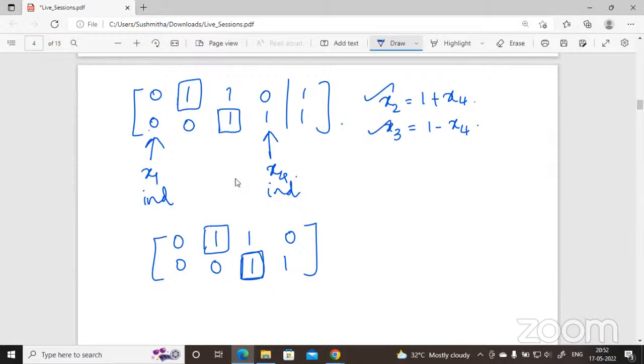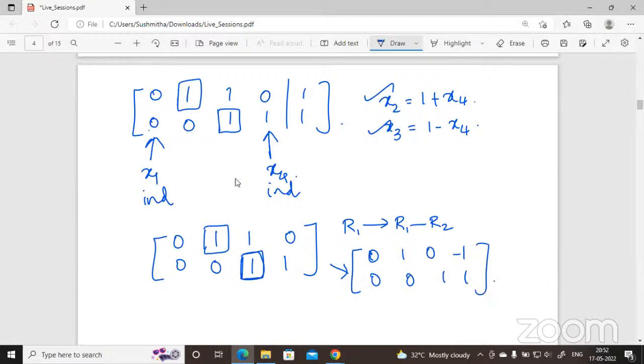So now you want to make this entry 0. To make this entry 0, what can you do? R1 minus R2. Actually, we subtract the bottom row from the first one. That's it. We can only apply the second row type 3 transformation here. 0 minus minus 1.